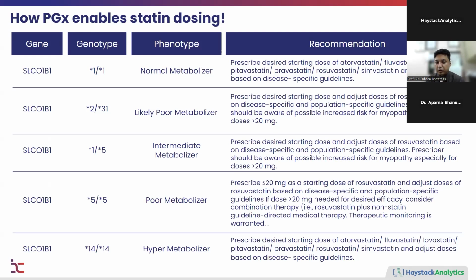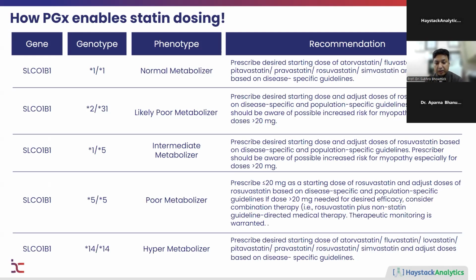So it means that because you are a low metabolizer of this particular transporter gene, there is a high chance of the statin to stagnate in your body and produce adverse effects. Whereas in case of a hyper metabolizer, prescribe the starting dose and adjust doses based on the disease-specific guideline.